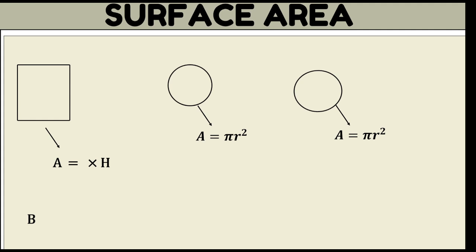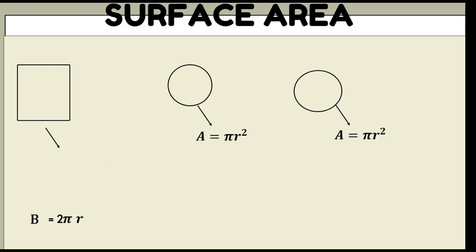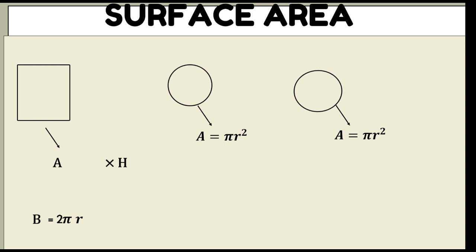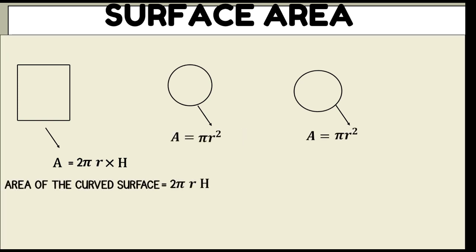Do you remember the formula to find the length or the breadth of a circle? 2 pi r. So that means we'll be replacing the b in the area of the rectangle with 2 pi r. Therefore, this 2 pi r h is the curved surface area of a cylinder.